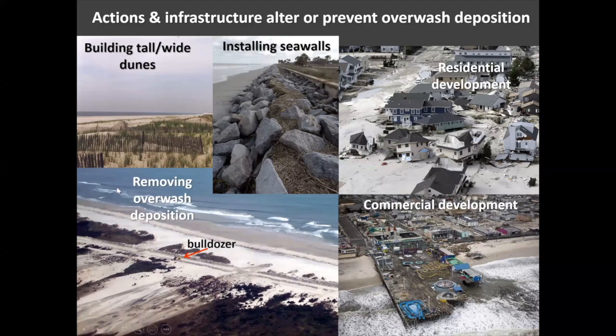In some cases, when overwash is deposited on roads and in neighborhoods, understandably, we want to get back to those buildings and our homes, and so overwash is removed. And so this process that's elevating the landscape so that it can be maintained under changing conditions is sort of undone in many cases.